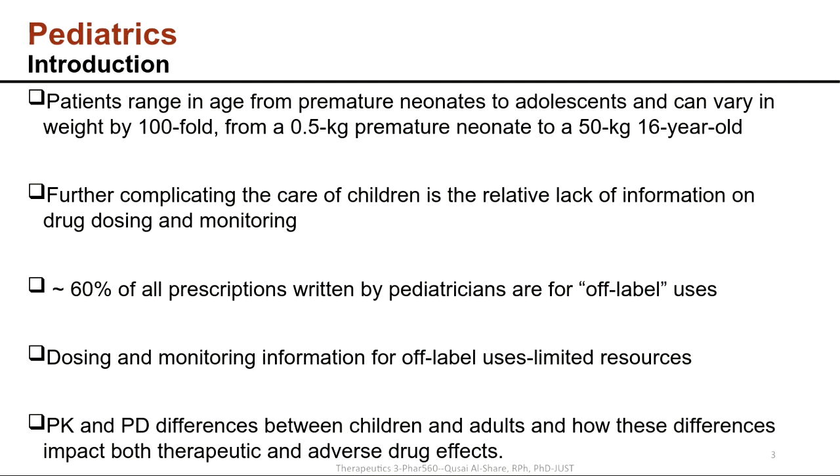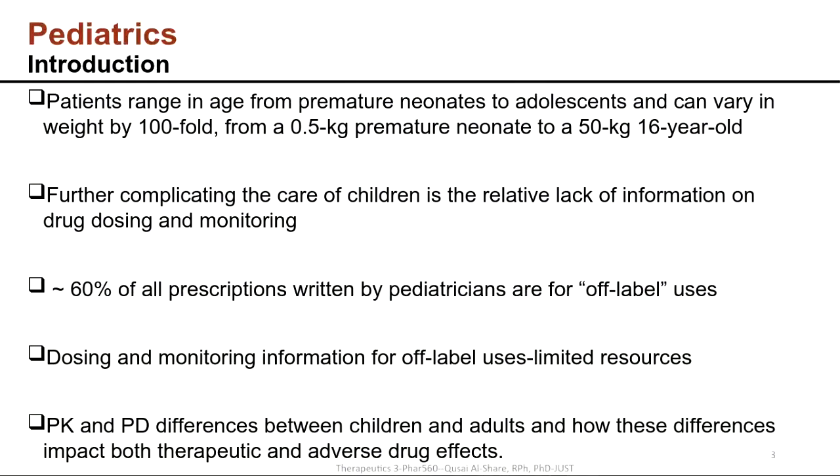Let's say in phase 4 trials, we don't normally have plenty of information to support our knowledge about this patient population. Around 60% of all prescriptions written by pediatricians are for off-label uses. Why? Because we don't have enough information about the correct dosing.